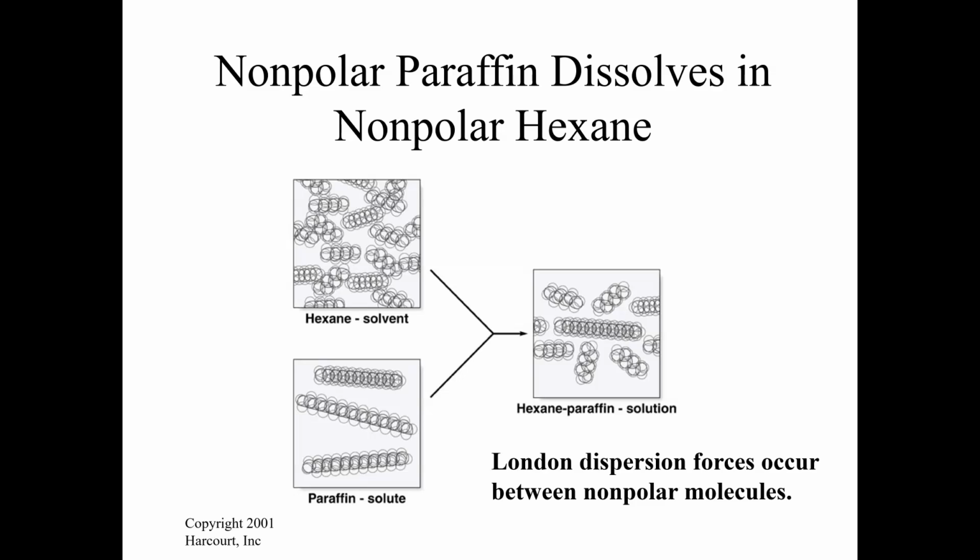Nonpolar things, like I was talking about, when you have grease on your hands and you need to remove it, you want to find another nonpolar solvent. So hexane has 6 carbons in a row, and it's a carbon and hydrogen molecule. Carbon and hydrogen together are very, very nonpolar, they don't have a negative or positive side to them. Paraffin is the thing that you see in candle wax.